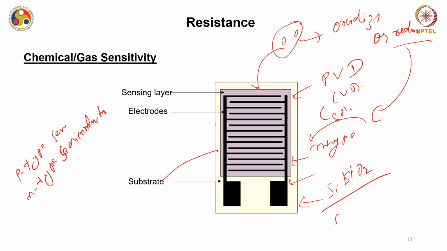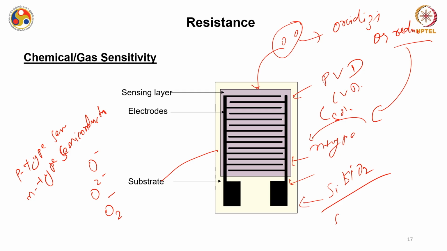Usually these sensors are placed in ambient conditions, and depending on the temperature at which your device is kept, you have various oxygen species existing at the surface. When I say oxygen species, I can have O negative, or O2 negative. These kinds of species exist on the surface.